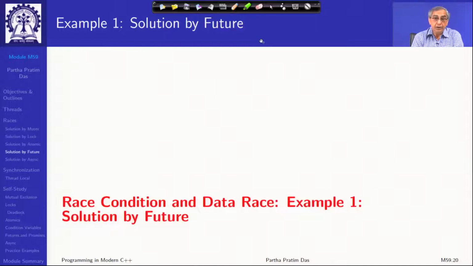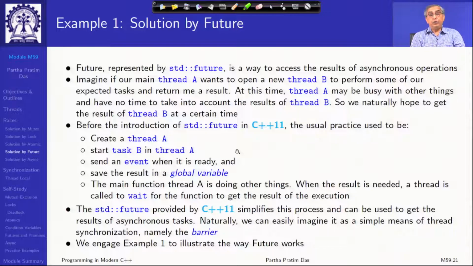Now we look at a new solution using what is known as future and promise. So, future is kind of a way to access the result of an asynchronous operation. Threads are doing things on their own, so as such they are not synchronized. Someone is computing, someone else needs to use that.